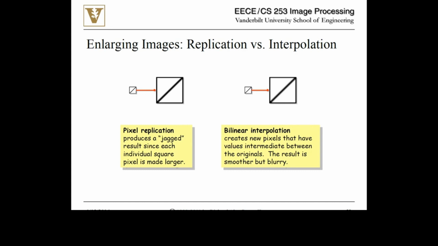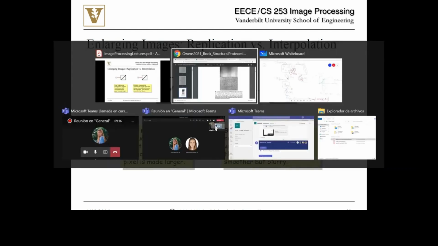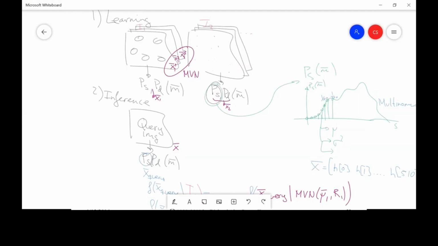We have an image and we wanted to make it bigger or smaller. And we saw yesterday a technique that is called pixel replication or nearest neighbor interpolation. And today we will see bilinear interpolation. Okay, so what is it? Let us remind what linear interpolation is.